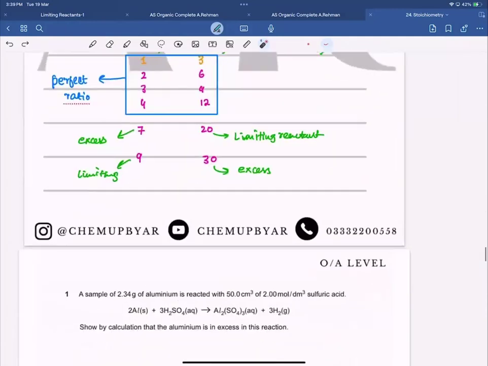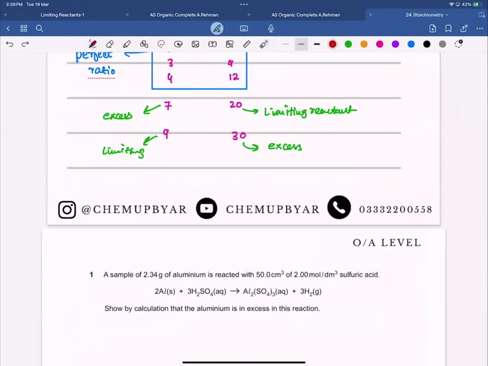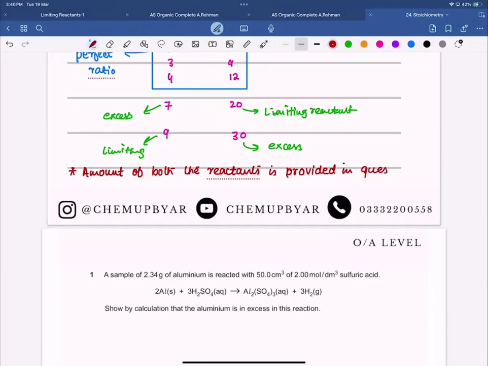Okay? So this is the rule: the amount of both the reactants is provided in the question.